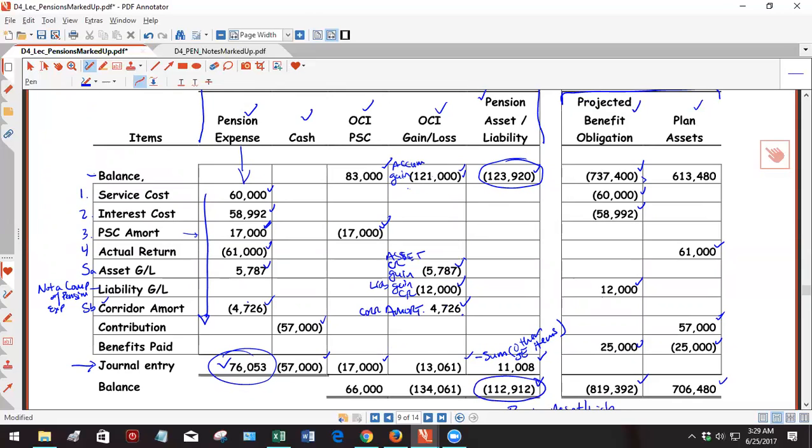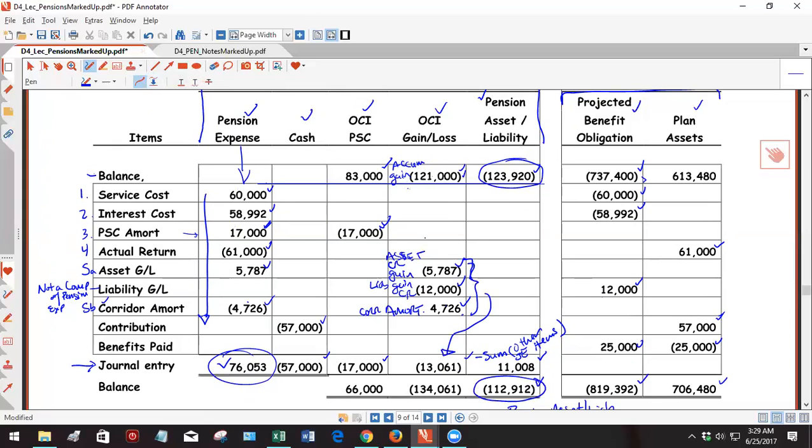So you total these three up. And you get that 13061. So this up here is a balance up here. So we don't add in the 121.